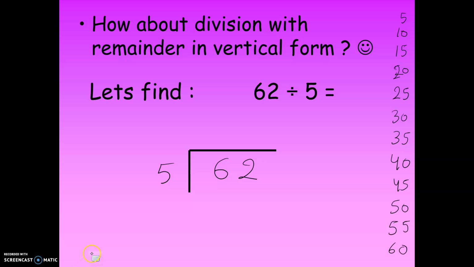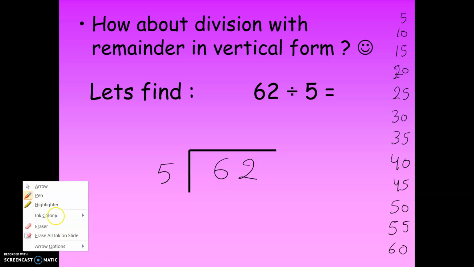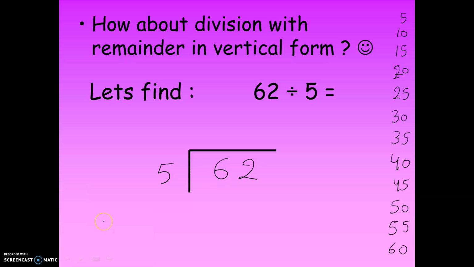Now you should ask yourself, where is 62 in the timetable of 5? 62 is not in the timetable of 5, but it is above 60. So I cannot distribute 65, I cannot distribute 62, but I can distribute 60 candies equally among 5 friends.